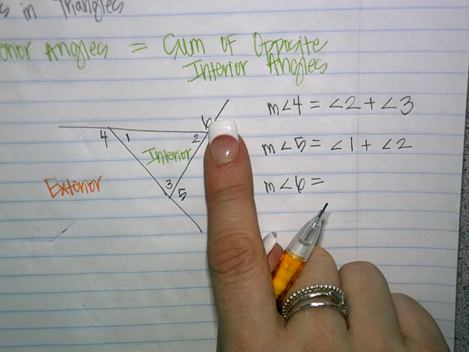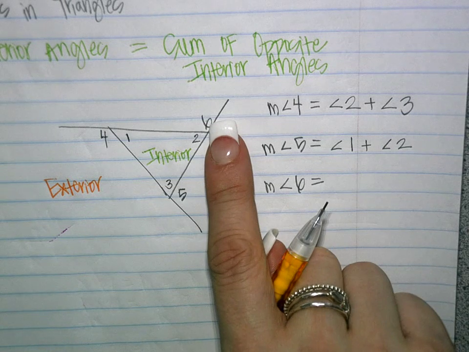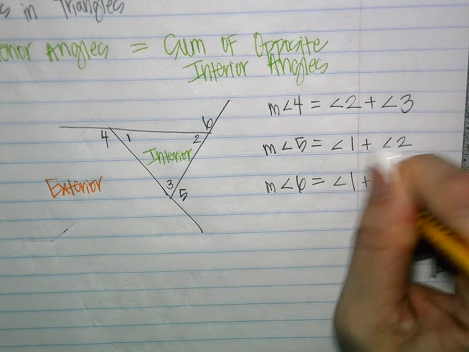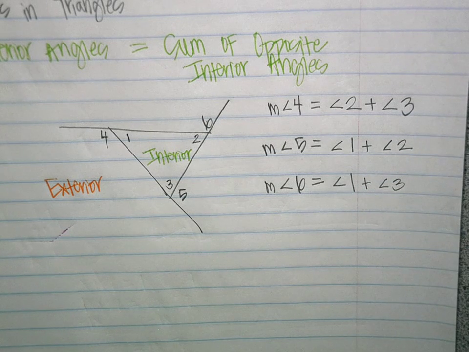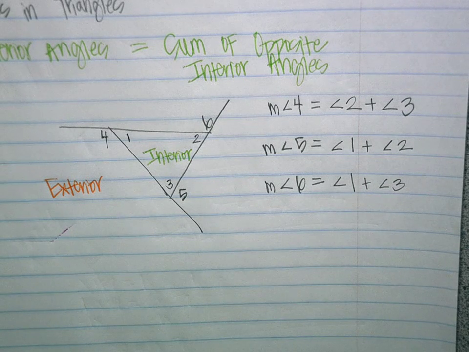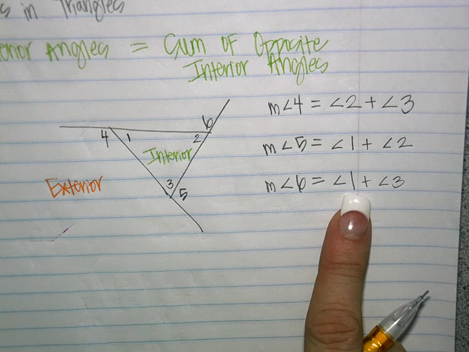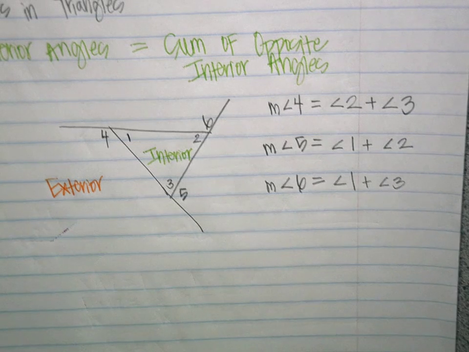Angle 6 is equal to 1 and 3 because those are across from it. So, the sum of opposite interior angles. Why not 1 and 2? Which angle are we talking about? Angle 6 is equal to 1 and 3. You have to add them together.